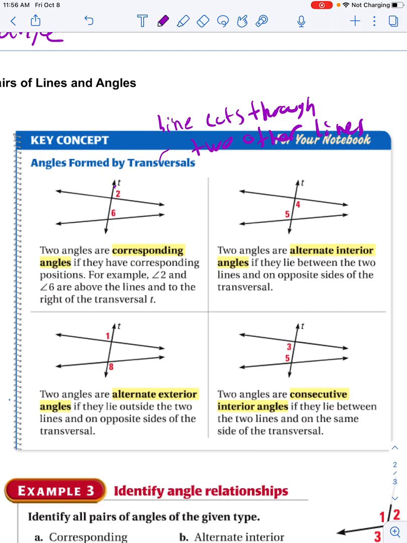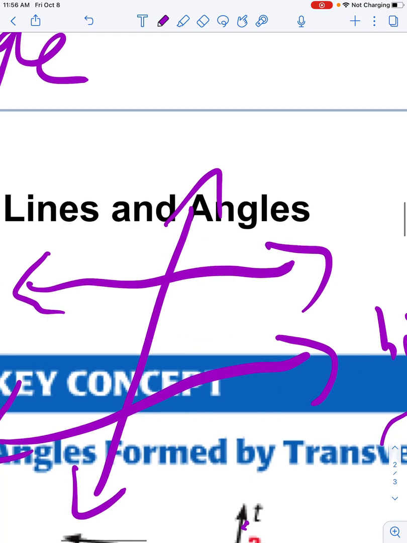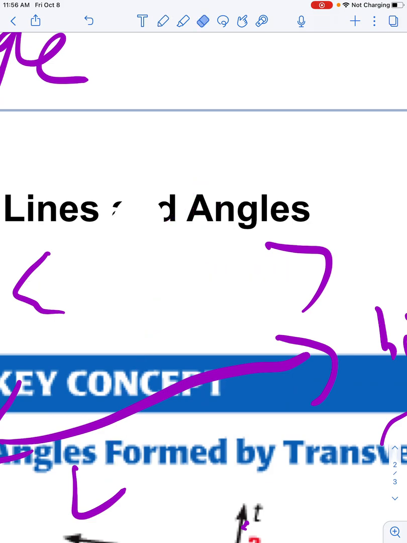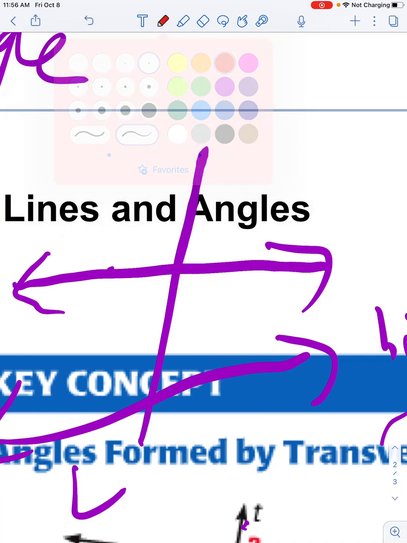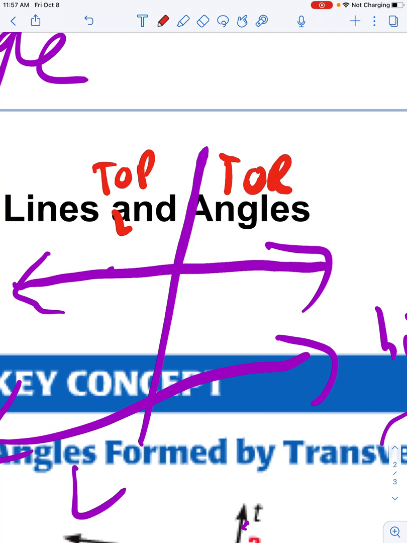If I were to draw something here, I've got 2 lines cut by a transversal. If I'm just looking at a quadrant of 4, this would be my top left, top right, bottom left, bottom right.